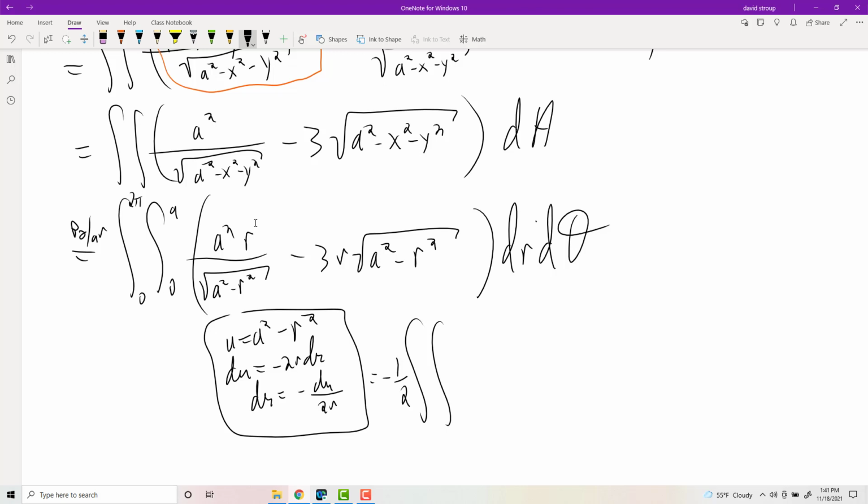In each one of them you can factor out a negative 1/2, but you know, you're going to have a squared times u to the negative 1/2, and then minus 3 times u to the positive 1/2, and then of course du d theta.